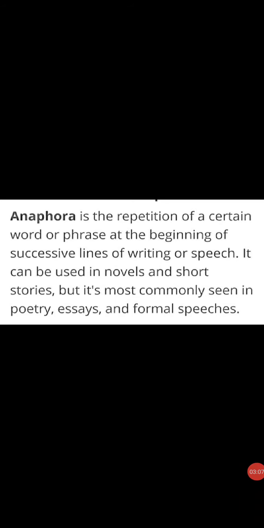Next is anaphora. Anaphora is the repetition of a certain word or phrase at the beginning of successive lines in a poem.